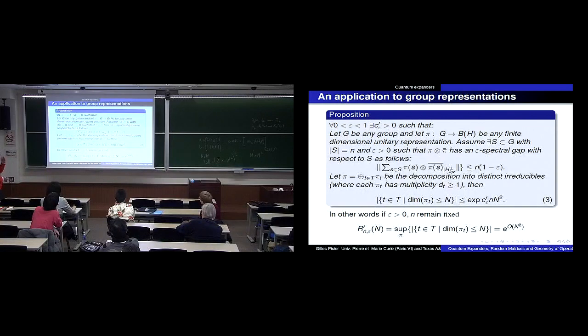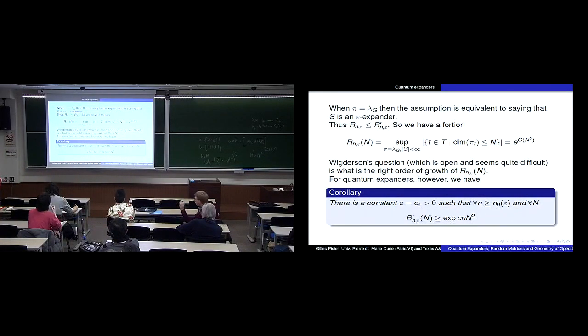So the point of looking now at quantum expanders is that, in fact, a corollary of my main result, that I can produce lots of quantum expanders with a maximum cardinality and with a uniform separation, yields the corollary which is here, which is that exactly now this growth is optimal. That is, we have a lower bound. It is exactly the optimal possible growth.